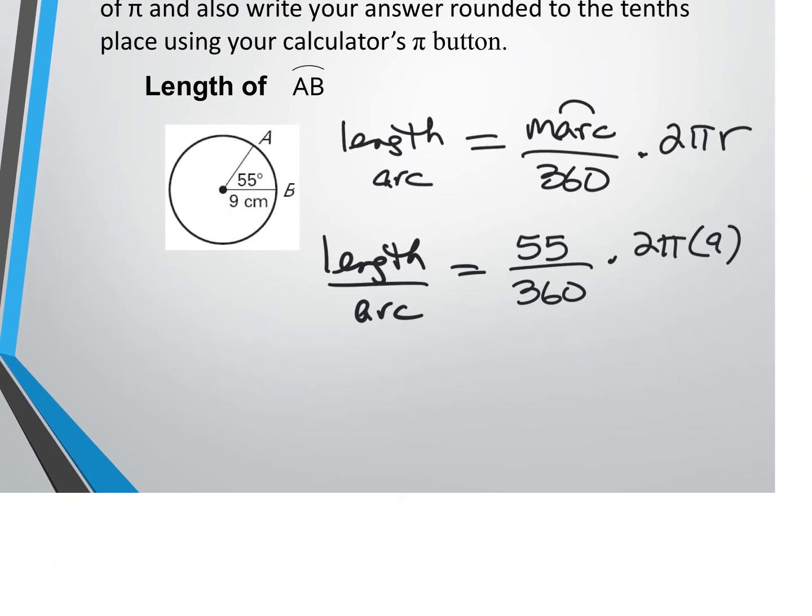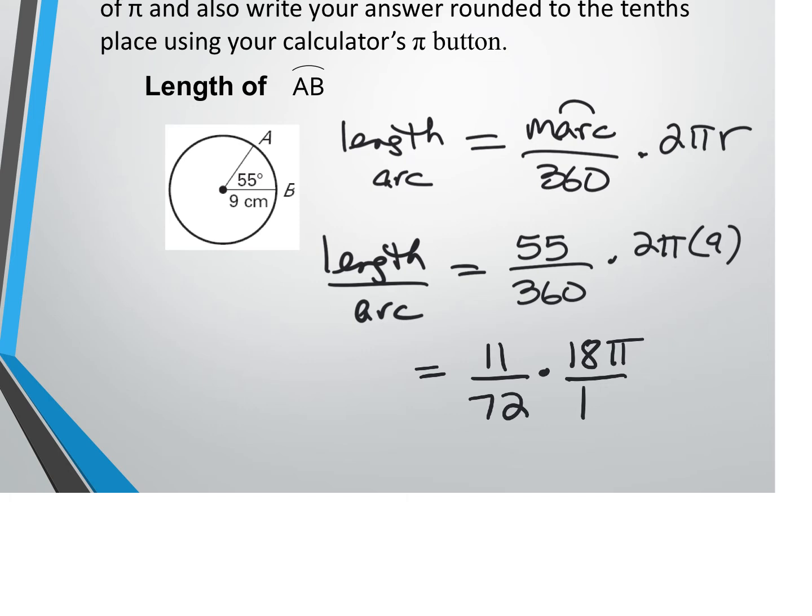If you want to go ahead and simplify the 55 over 360, you can divide them both by 5. 360 divided by 5 gives me 72, and 55 divided by 5 is 11. I can multiply the 2 and the 9. Now, if it helps you to see this simplification, you can add a 1 under that 18 pi. And then now I'm going to simplify the 18 and the 72.